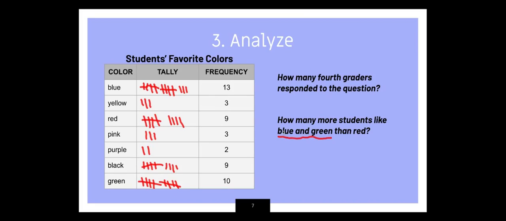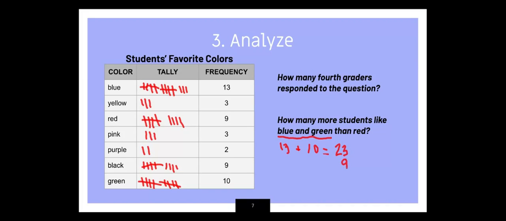But this asks me to check how many more students like blue and green. That "and" tells me I need to combine blue and green. And blue and green, that's 13 and 10, which equals 23, right? That's my first step. And well, I know red is equal to 9, right?